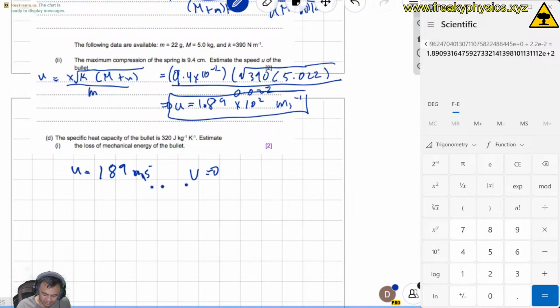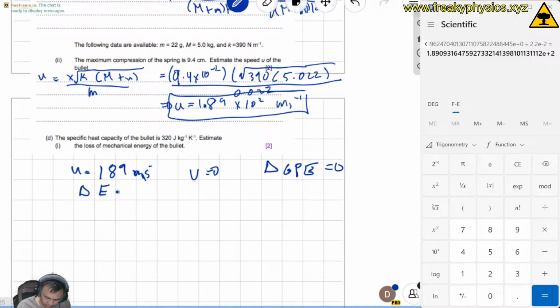So what's going to be the change in the energy here? We're just looking at mechanical energy, so kinetic and potential. But the potential energy didn't really move up or down, so the change in gravitational potential energy is 0.